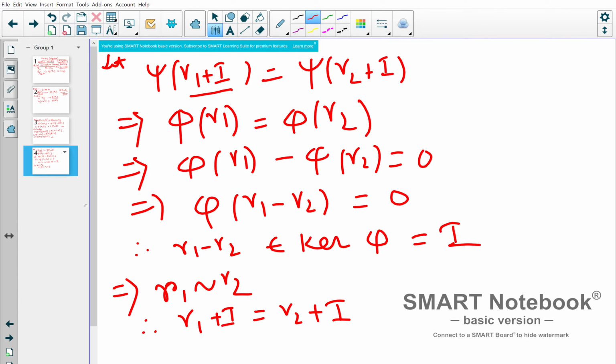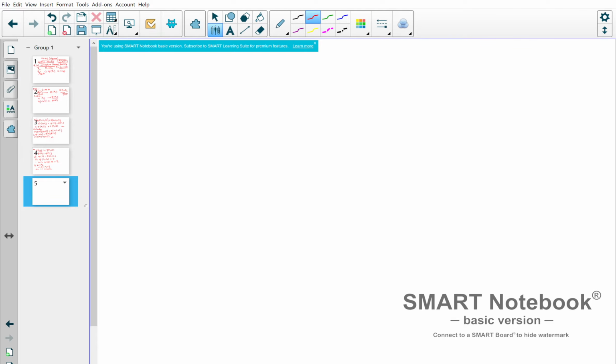I can easily prove it. Okay, so this shows that psi is a one-one mapping. And surjectivity is also by definition. So you choose any element X belonging to the image of phi.